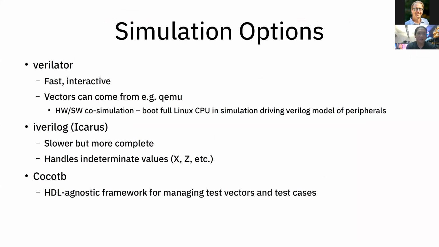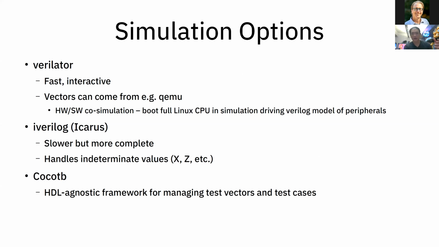In terms of simulation options, you have a bunch of open source options to work through your netlist. There's Verilator, a fast interactive simulator. It's cool in that you can hook it up to something like QEMU, so you can emulate a CPU and software and do full software-hardware co-simulation.